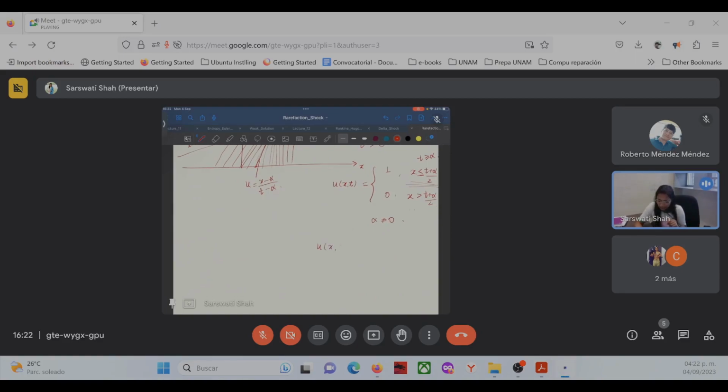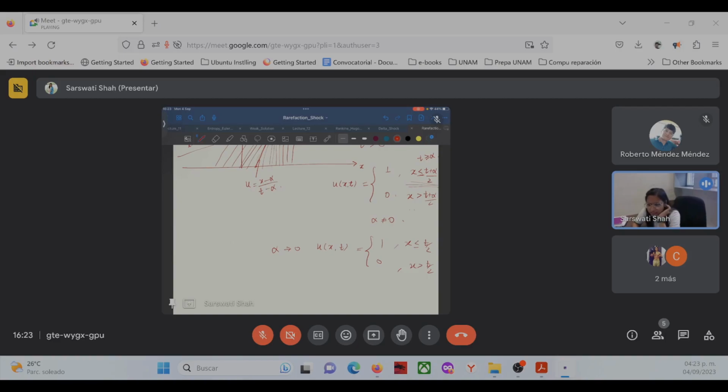So u of x comma t when alpha tends to 0 is 1, 0, for x less than or equals to t by 2 and x greater than t by 2. So this is the solution. Is it clear now? Okay. Again you can see that the solution has a sudden jump.